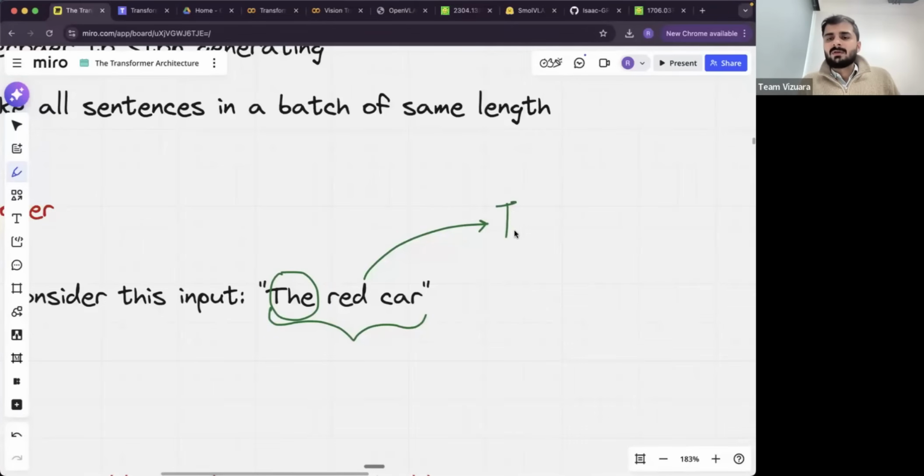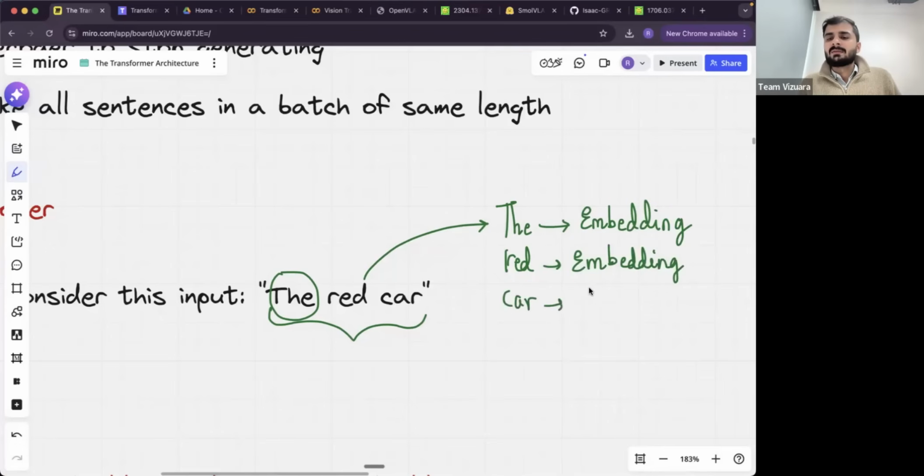Let's take an example of the. It is converted to an embedding. Similarly, red is also converted to an embedding, and car is also converted to an embedding.